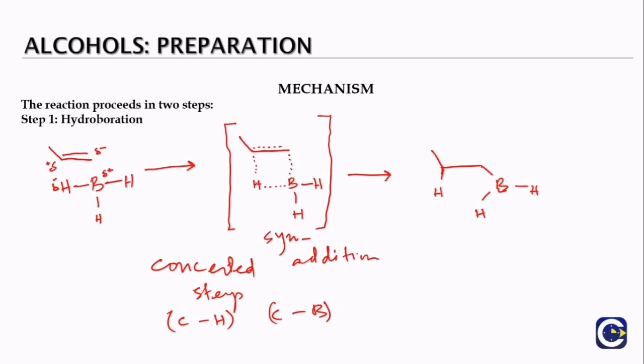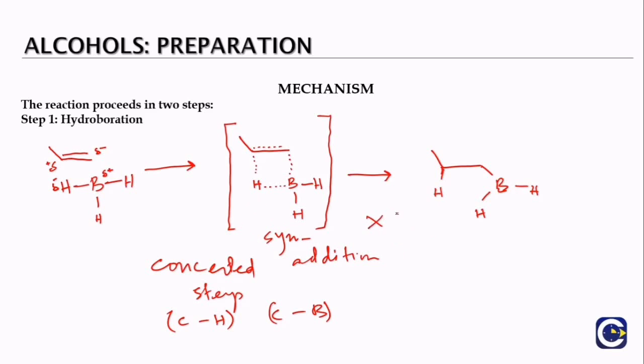Everything here goes simultaneously, not in individual steps where the hydrogen is first removed and then attached to this and then boron. Nothing like that happens, but all things go in a single step, and it's a concerted mechanism. So that's why the addition is syn. That is, the hydrogen and this boron attack on the same side of the double bond.